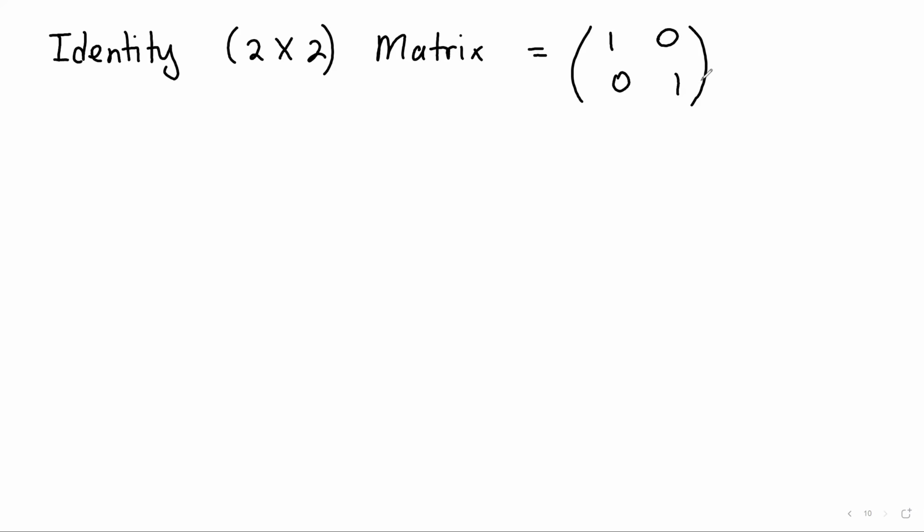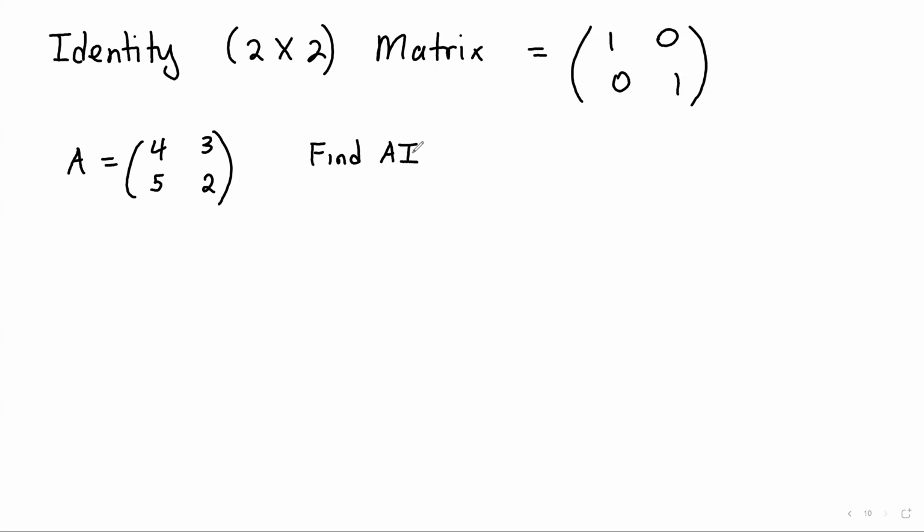So for example, let's say I had a matrix A, and this matrix is 4, 3, 5, 2, right? And I want to find AI, so finding A times the identity matrix.